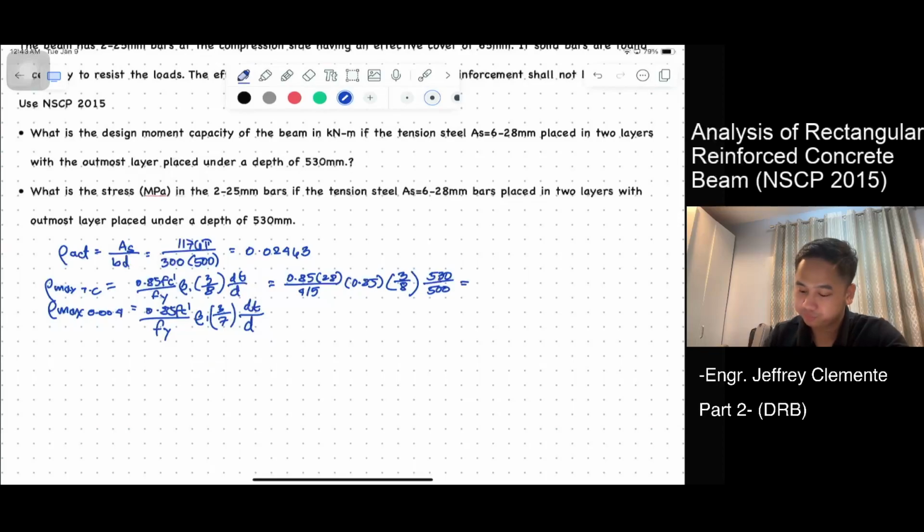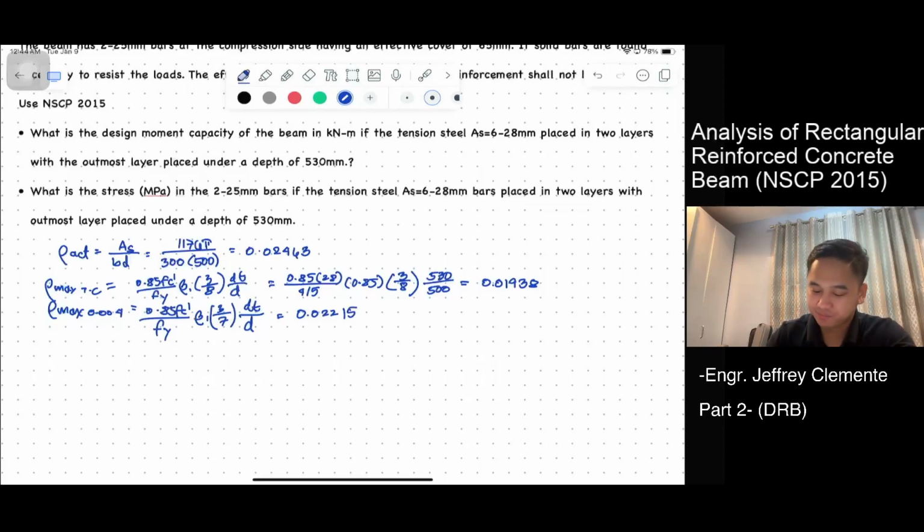So, what is rho? Our rho would be 0.01938. Dito naman sa rho max ng 0.004 strain, over 7 lang pala, so 0.02215.